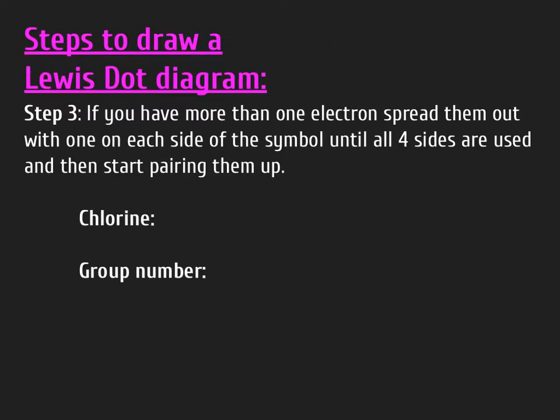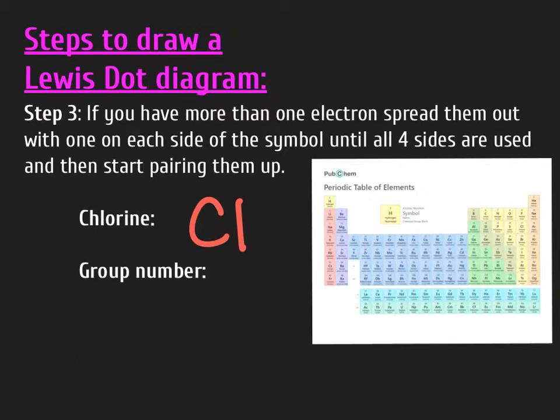Now if I have an element with more than 4 outer electrons, like chlorine, which is in group number 7, over here, I then start to fill up my electrons in kind of pairs.